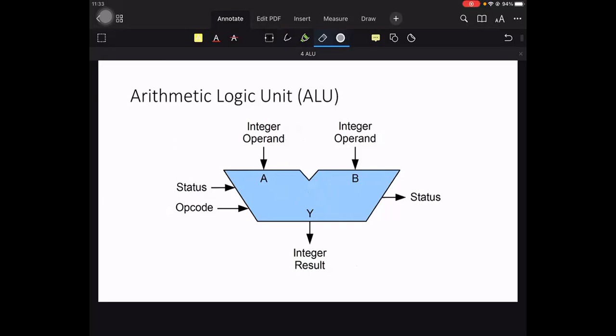So iyahang mga possible na operations nga mo perform is stored sa opcode, no? So operations are already defined, predefined by you, the designer.